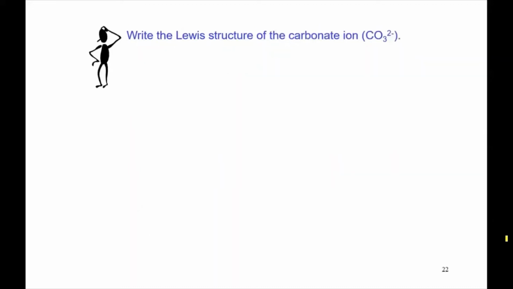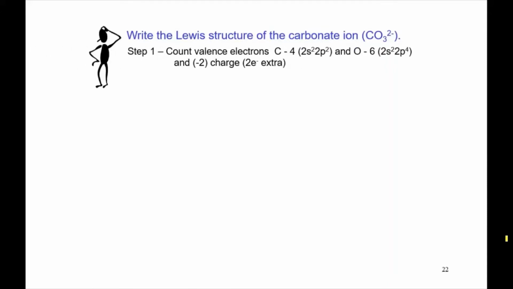Okay, let's try another one. Let's write the Lewis structure of the carbonate ion. I threw you a curveball here, right? I put you with a polyatomic ion here. So be very careful, because in this particular case, when we count the valence electrons, carbon has 4, oxygen, group 6A, has 6, but there's a -2 charge, which means there are 2 extra electrons that I have to add in here.